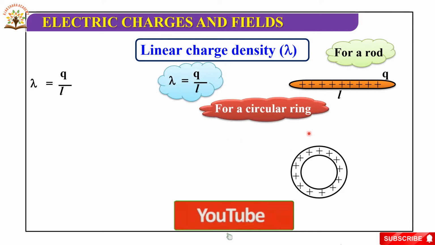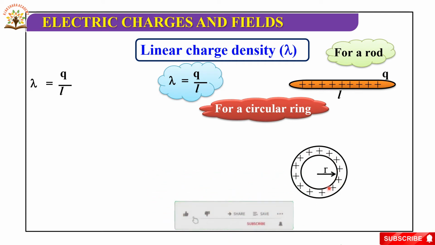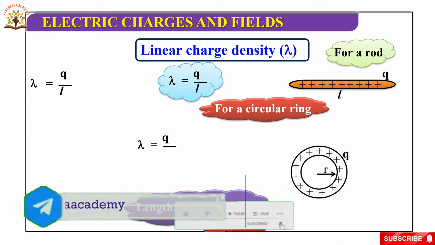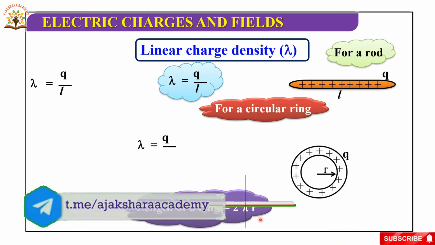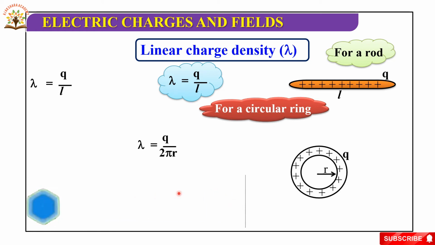Taking a circular ring of radius r and charge q, lambda is equal to q by the length of the ring, which is 2 pi r. So lambda is equal to q by 2 pi r, the linear charge density for a circular ring.